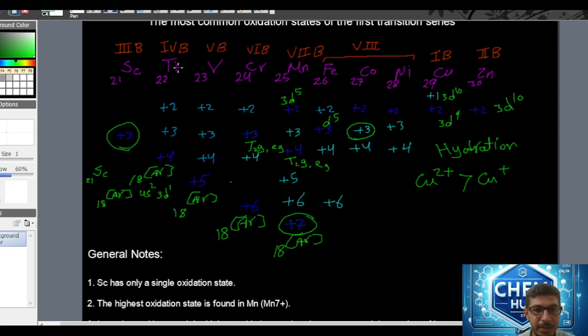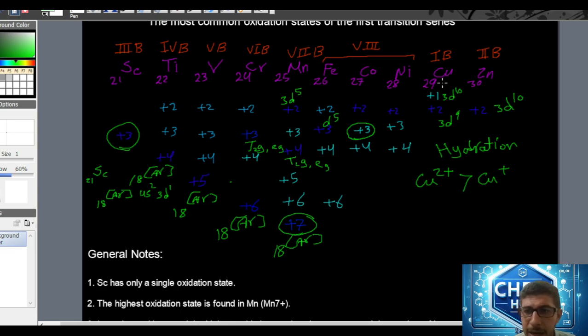How about titanium? Titanium group 4b, and you can see the highest oxidation state is 4. Vanadium 5b, and here the highest oxidation state is 5. Chromium 6. Manganese 7. Iron 6, cobalt 4, nickel 4 positive, and so on and so forth.